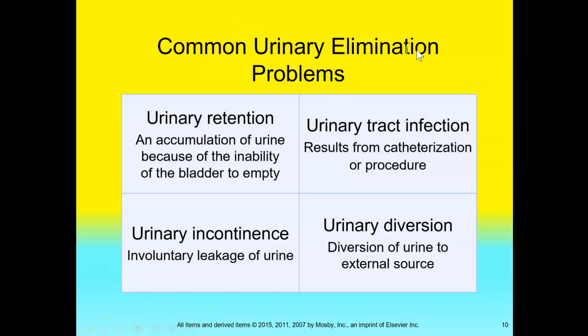Common urinary elimination problems, of course, include urinary retention. Urinary retention is an accumulation of urine because of the inability of the bladder to empty. We talked about the types of things that could inhibit a person's ability to urinate. Urinary tract infection may result from overcatheterization. They don't use indwelling urinary catheters like they used to back when I first became a nurse.